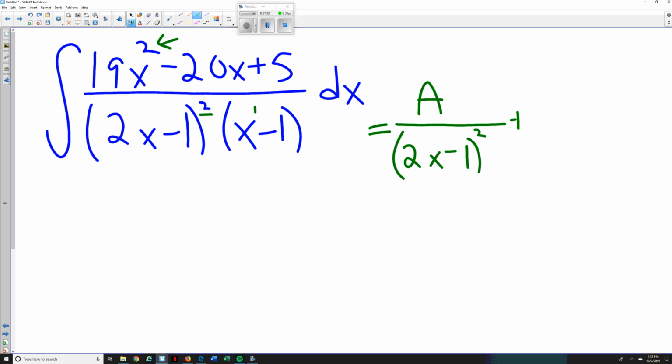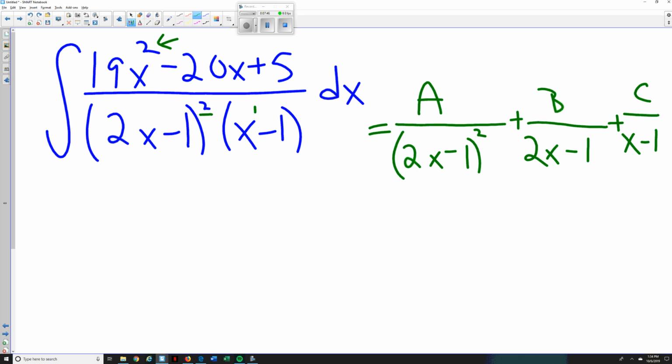But since we have that there twice, we have to do b over 2x minus 1. So we have to do both parts. And then we also have to do c over x minus 1. Now there are some other little caveats here that we haven't quite covered with partial fraction decomposition, but we'll get to them in class. This will give you the basics.